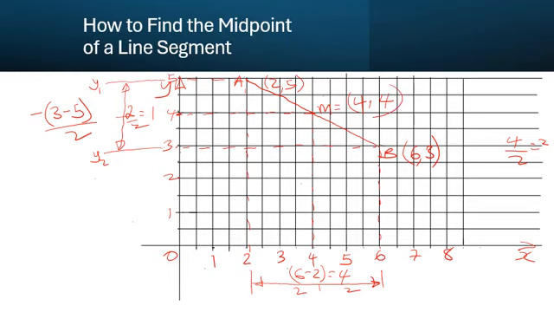Okay, remember earlier we said that for us to find that m is the same as to say x1 plus x2 over 2, comma y1 plus y2 over 2 in bracket. It can be y2 or y1, it doesn't matter.